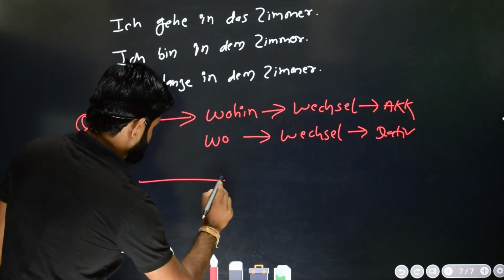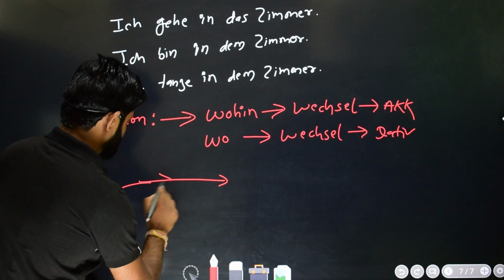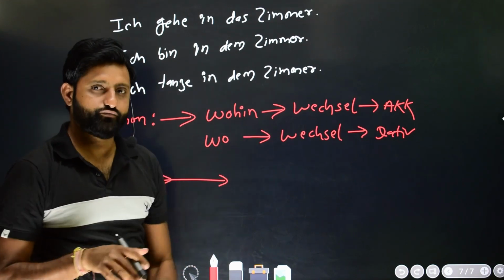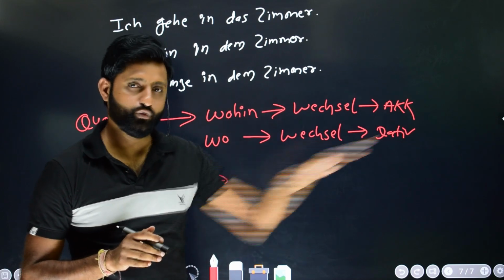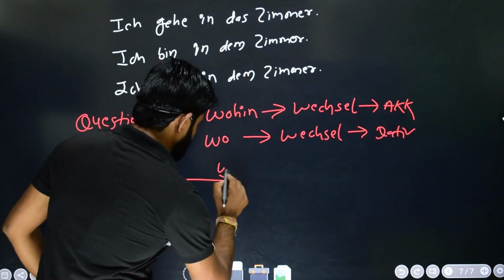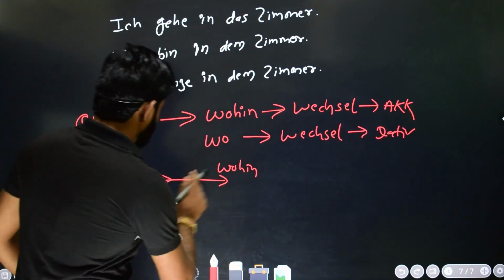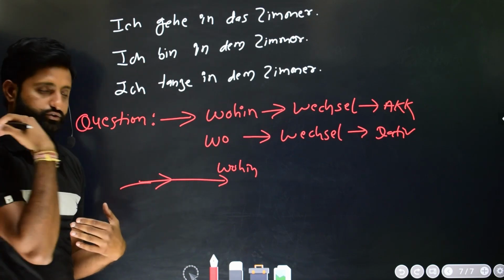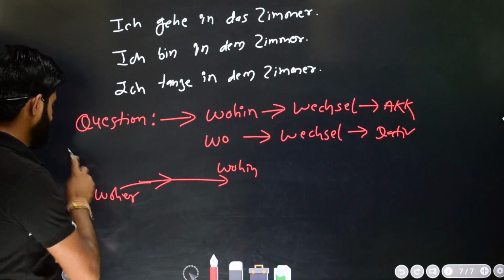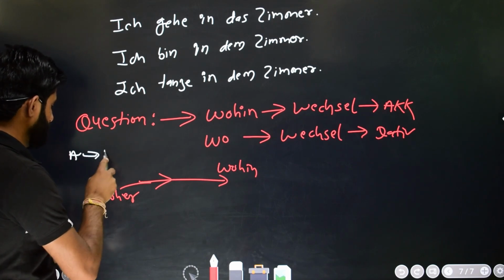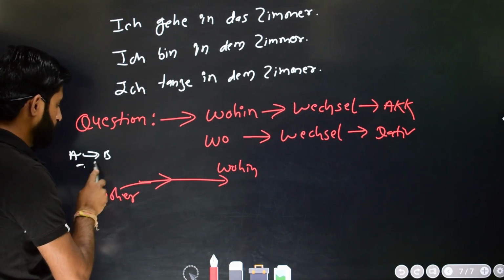So let's see, this is an arrow. If I am going from one place to another place, then I can use the question wohin. So for going, wohin. To come from one place to another place, it will be woher. Like if I am coming from A to B, then it will be woher.